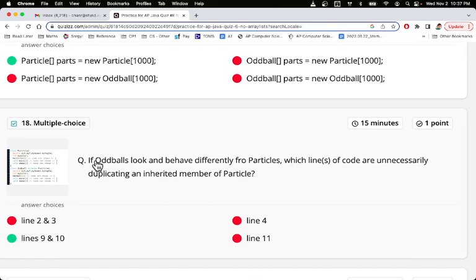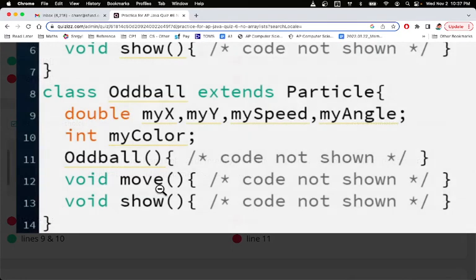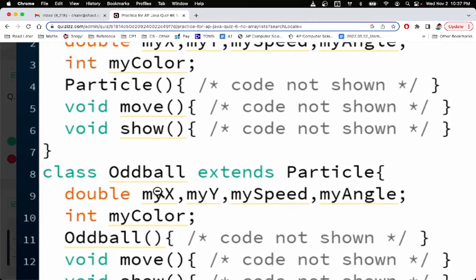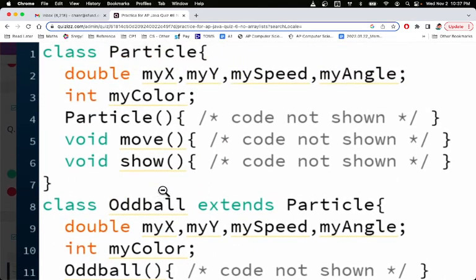Oh, small typo. So if oddballs look and behave differently from particles, which lines of code are unnecessarily duplicating an inherited member of particle? So lines 9 and 10. Take a look here. One of the slides I would have mentioned in class is a very typical error for inheritance. Notice I have a particle.